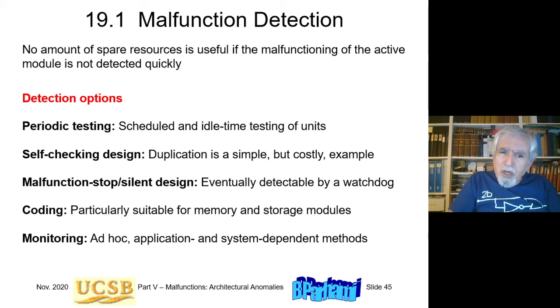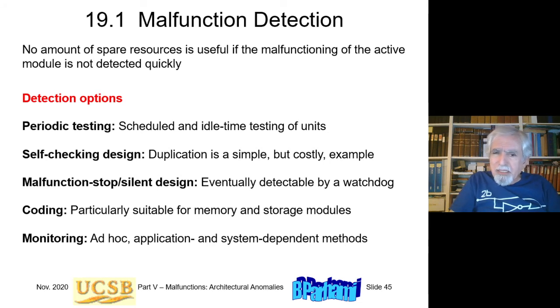And you can do monitoring, and these are ad hoc schemes based on application and system dependent considerations. So, for example, if a processor is connected to a bus, you can have a monitor unit looking at the bus, and then determining that the processor is doing reasonable things on the bus.